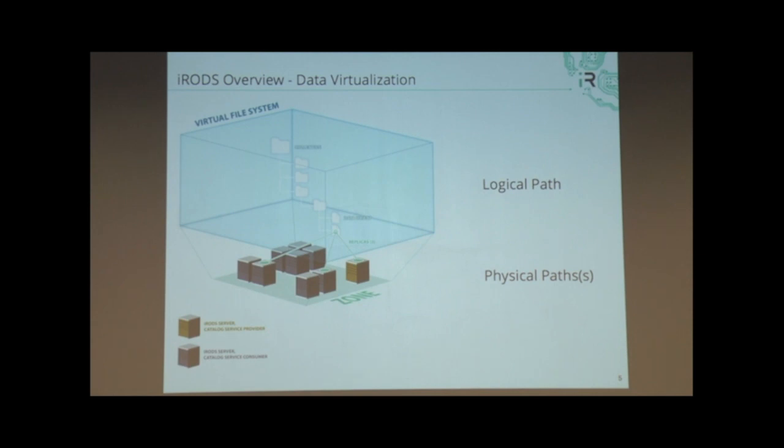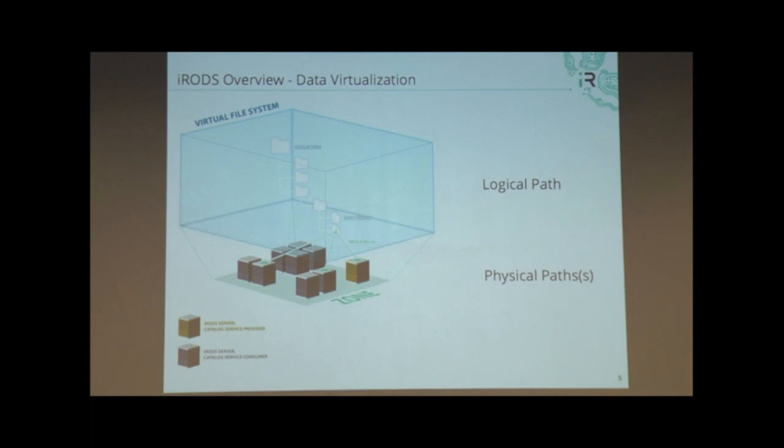So here's an example of the data virtualization. Within the box, you see that we have our virtualized file system within iRODS, the virtualized namespace, and underneath it, you see a bunch of iRODS servers. One of the servers is a catalog server that has a connection to the iRODS database. You can now have multiple catalog servers and then resource servers as well. The example we show has a data object, which is basically a file.